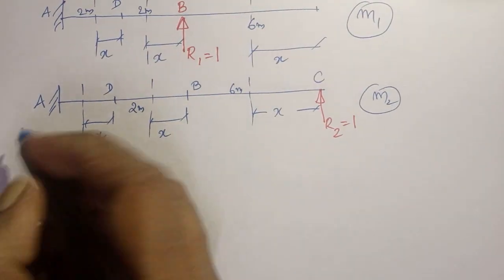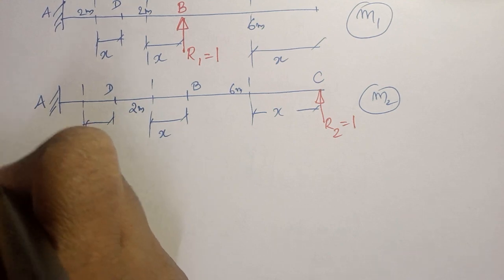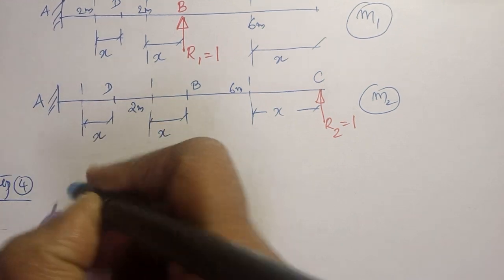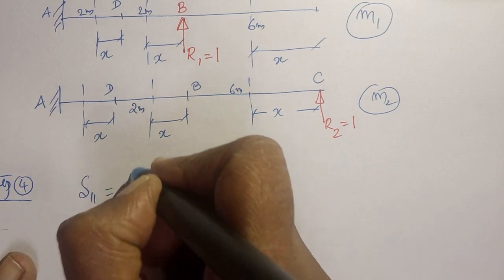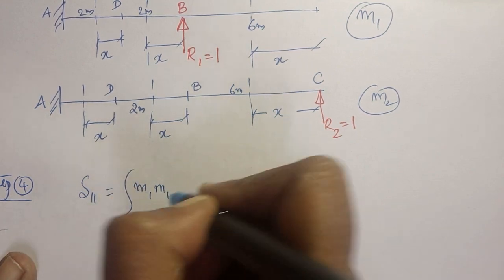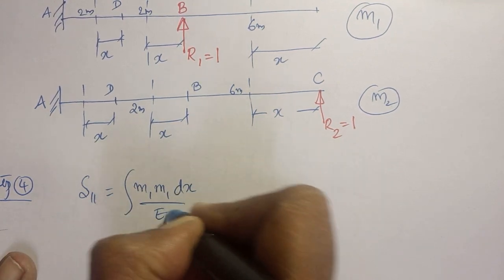Now, next job is step 4, to evaluate delta 1 1, integral M1 squared dx by EI.